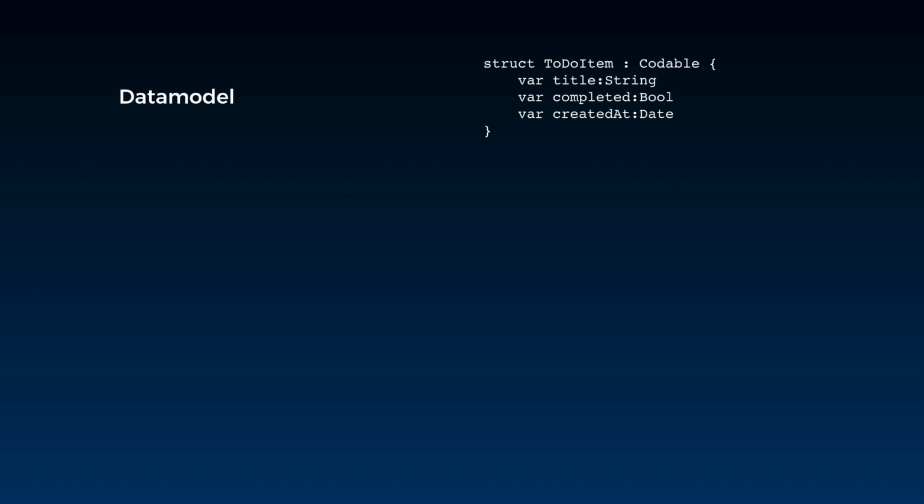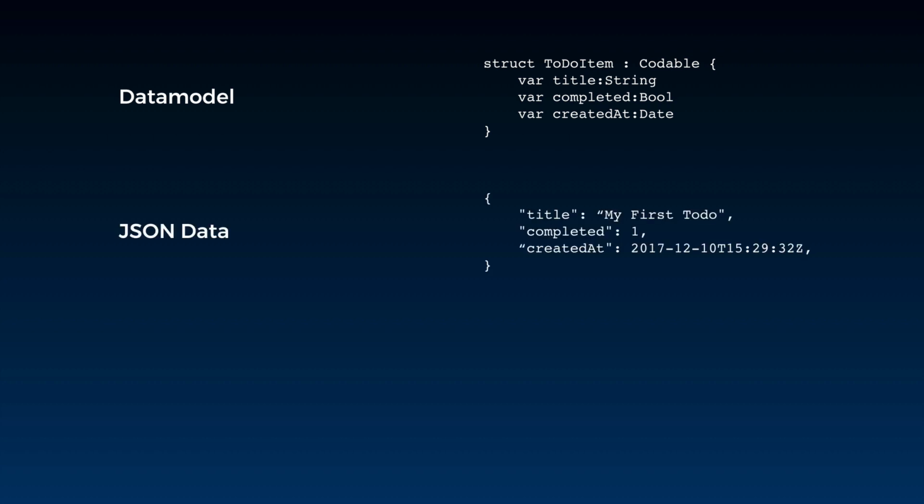And notice this little Codable word in the top right corner of this code snippet. This is actually the adoption of the Codable protocol, which allows us to translate this struct, a data type, into JSON code. So this is a data representation of our model as JSON.